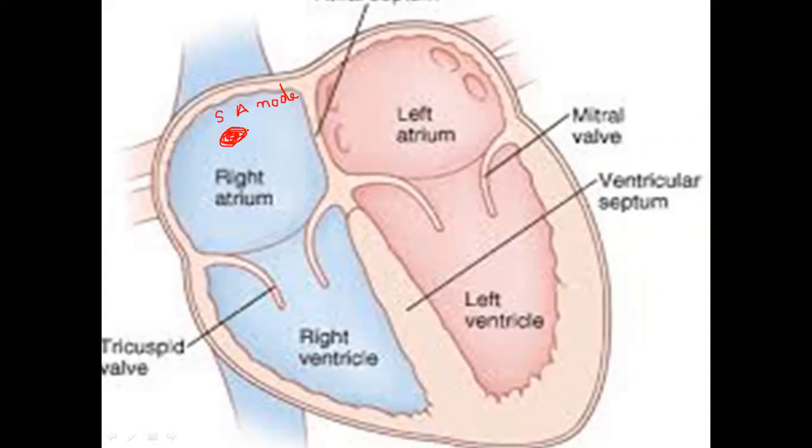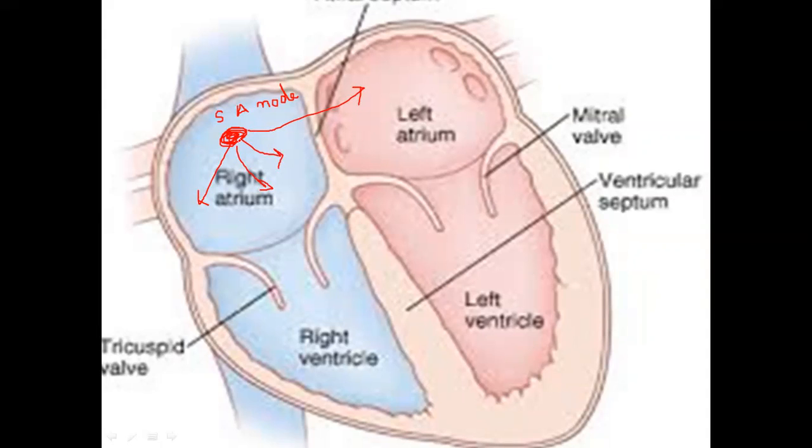This wave of depolarization travels in the form of an electric impulse all over the heart. First of all, it spreads to all parts of the atrium through internodal fibers.